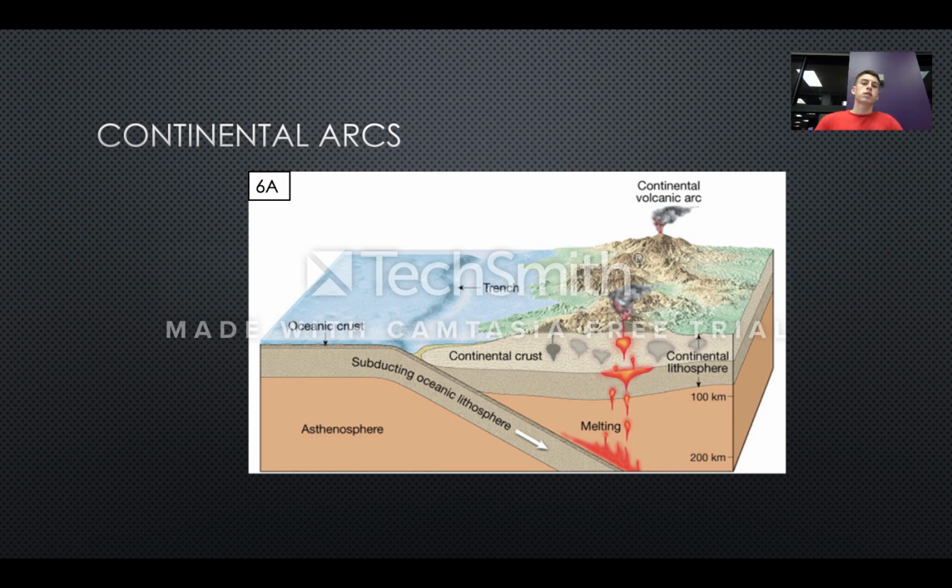The rising magma is contaminated by the felsic continental crust, and also due to the extra layer it has to travel through, there's more time for it to cool and further evolve to become more felsic. This is why continental arc magma is dominated by more intermediate felsic magma compared to island arc magma.